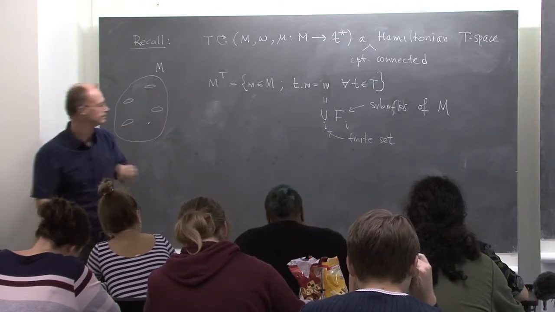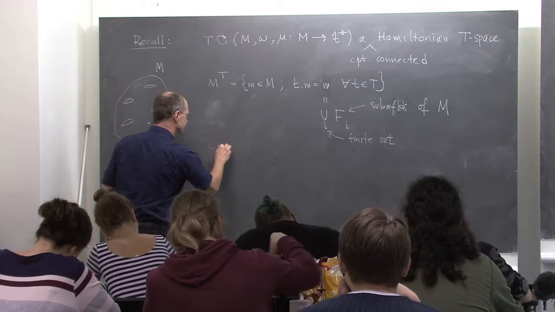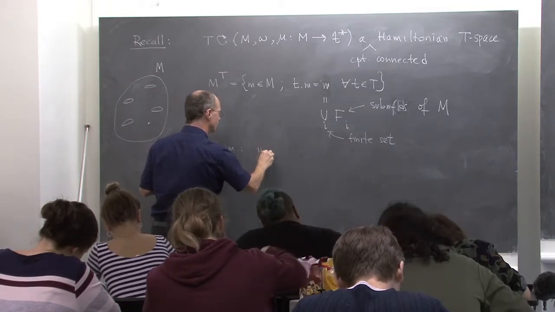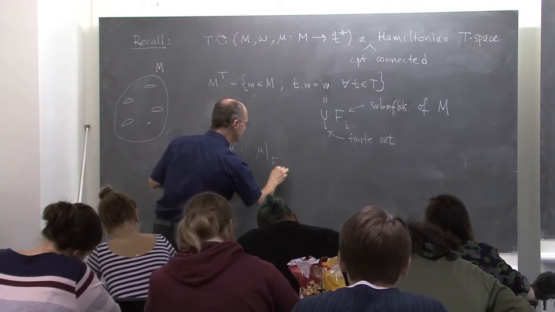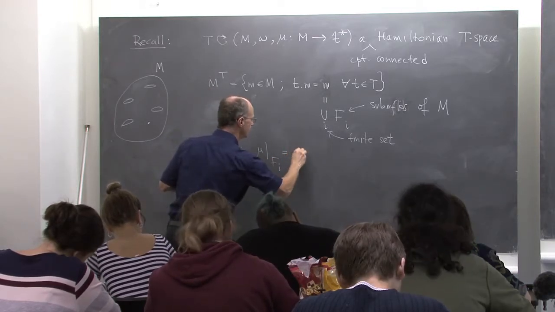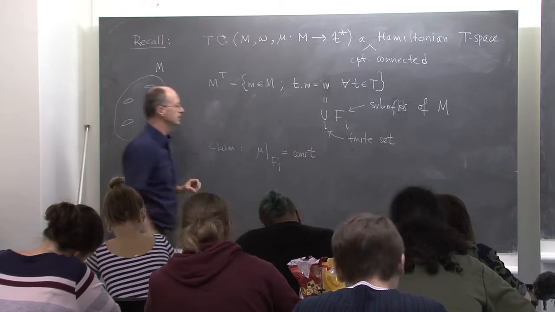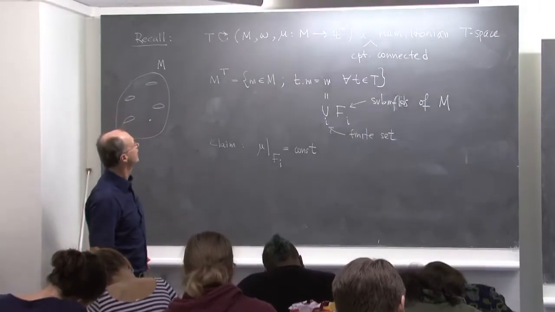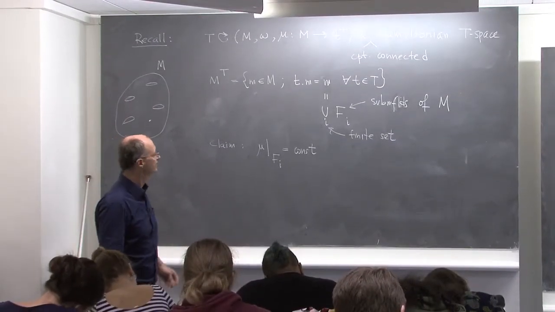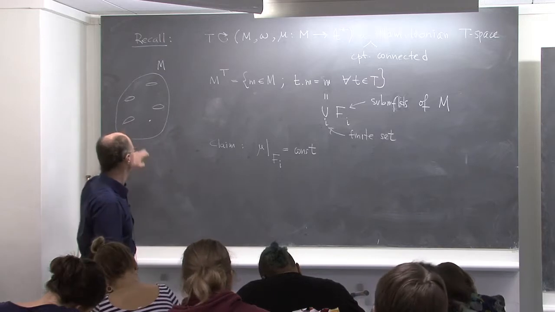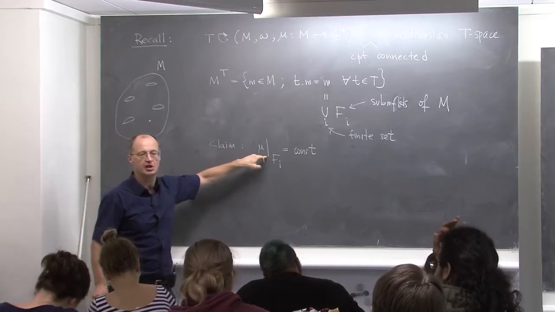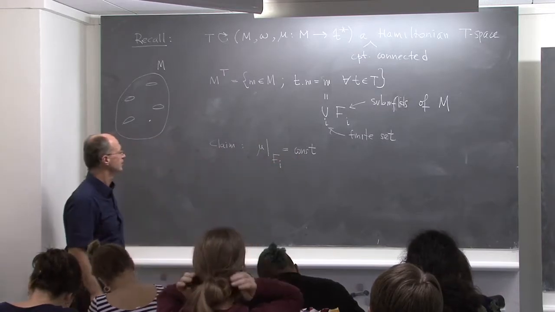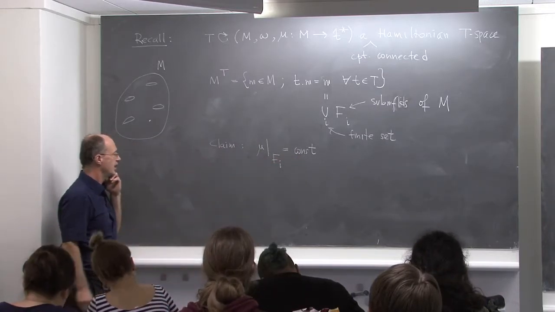Now, claim. If you restrict the moment map to Fi, it will be a constant. So we have those connected components of the fixed point set, and actually our map mu restricts to constants on Fi. So why is that?